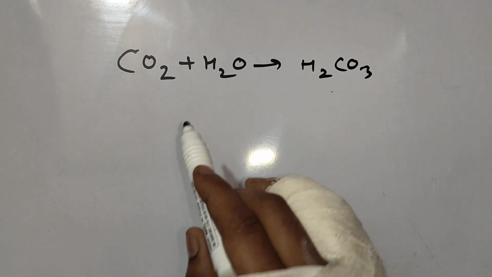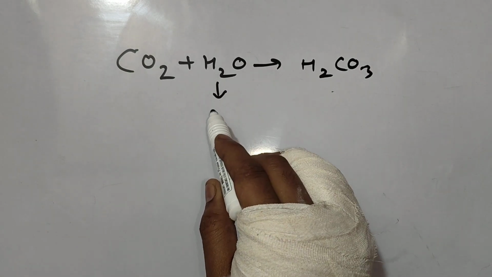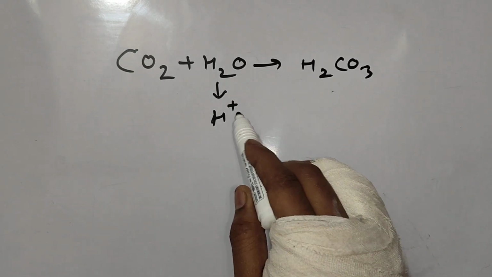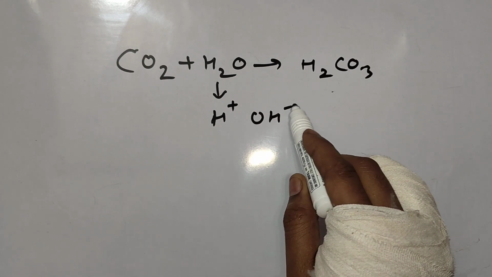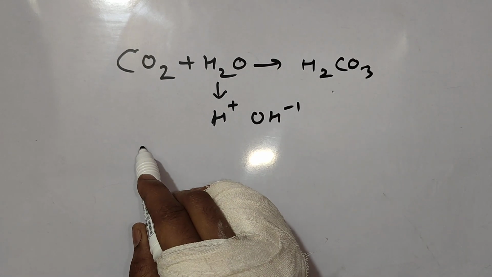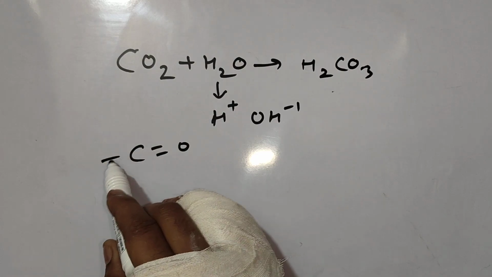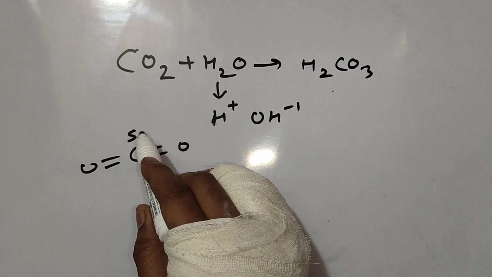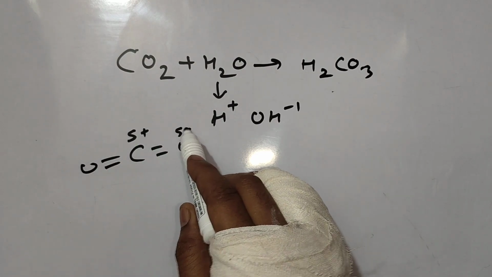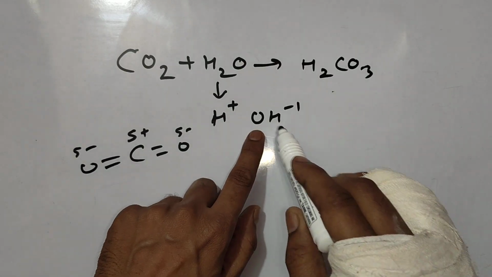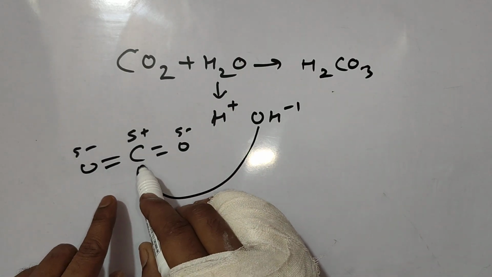How can you solve this reaction? Water molecules, as you know, will break in two parts, H positive, OH negative. In carbon dioxide gas, carbon is carrying positive, oxygens are carrying negative. So this OH negative will attack this positively charged carbon.